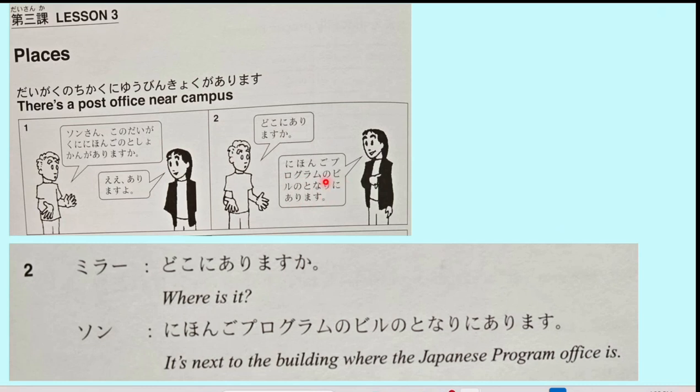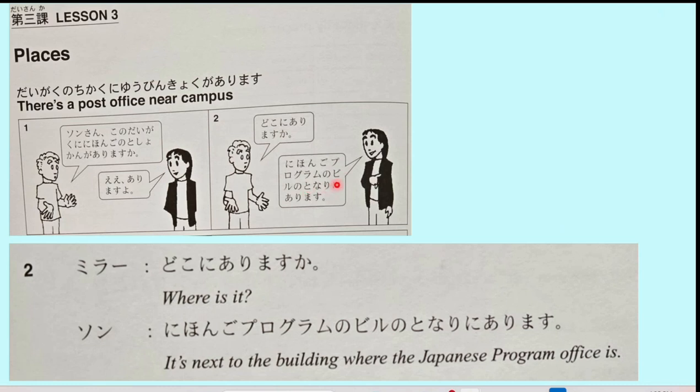Since there is the ni particle after tonari, that implies that tonari is some kind of place or place indicator, because only after a place or a place indicator we use the ni particle. Nihongo puroguramu means Japanese program. This is written in katakana, which means it's an English word. Puroguramu means program.